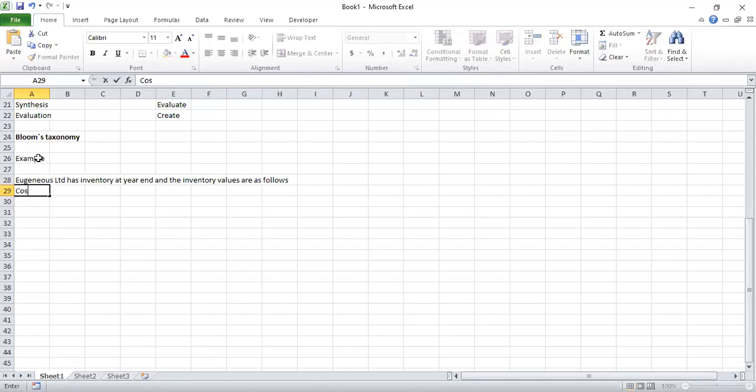Cost price, 800,000. Then net realizable value, 780,000. So they have to give a value to this inventory and disclose it in the notes to the financial statements of the company.